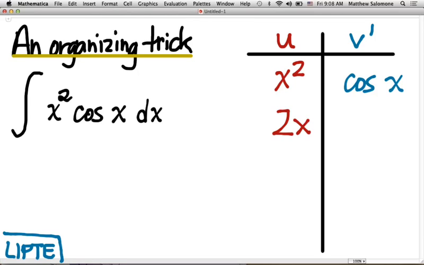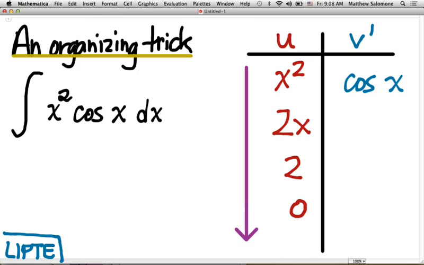And then the second time I integrate by parts, 2x is going to turn into 2. If I were to integrate by parts again, I would end up with the derivative of 2, which is 0. So that's why that's a good choice for u, right? Is that eventually, if I take enough derivatives, and that's what I'm doing here in the left-hand column, I eventually end up vanishing.